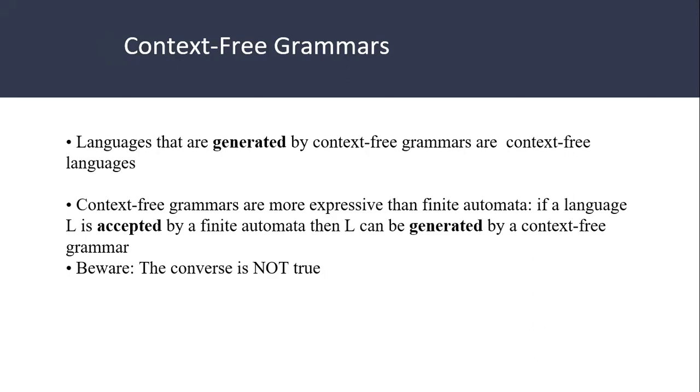Languages that are generated by context-free grammar are context-free languages, and they are accepted by push-down automata. Context-free grammars are more expressive than finite automata. If a language L is accepted by a finite automata, then L can be generated by a context-free grammar.